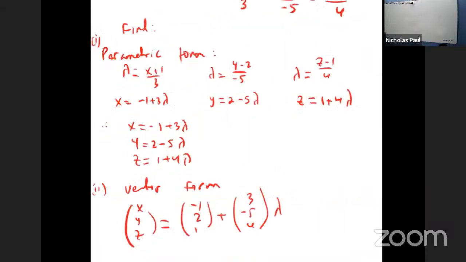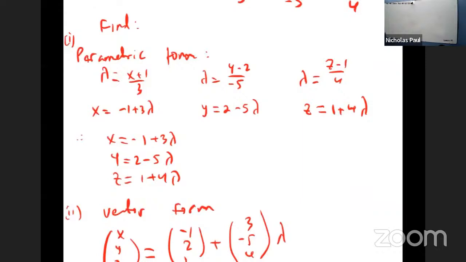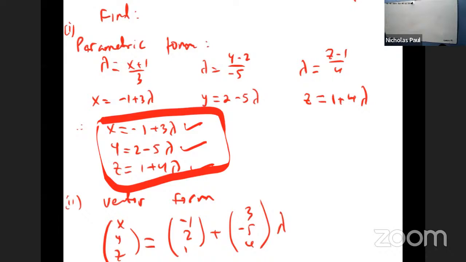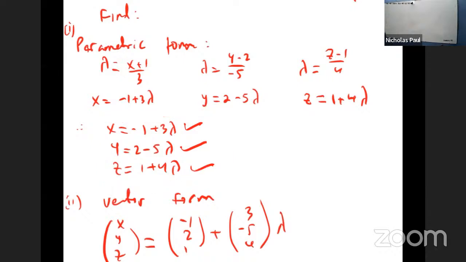Right, sorry. So you make lambda the subject in each case, and then you solve for x, solve for y, solve for z. And this is your parametric form. And then to go to vector form, once you write it neatly, this is your r, this is your a, and this is your b.